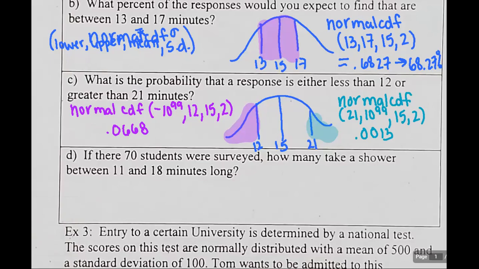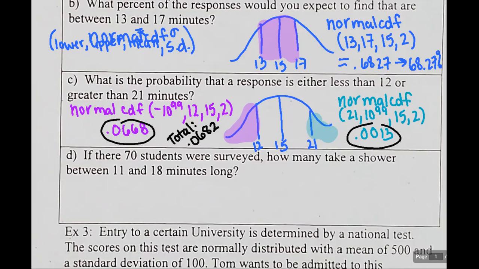And so when I add those together, okay, when I add this with this, the total is 0.06815. So I'm going to say 2. And that's going to be our answer.